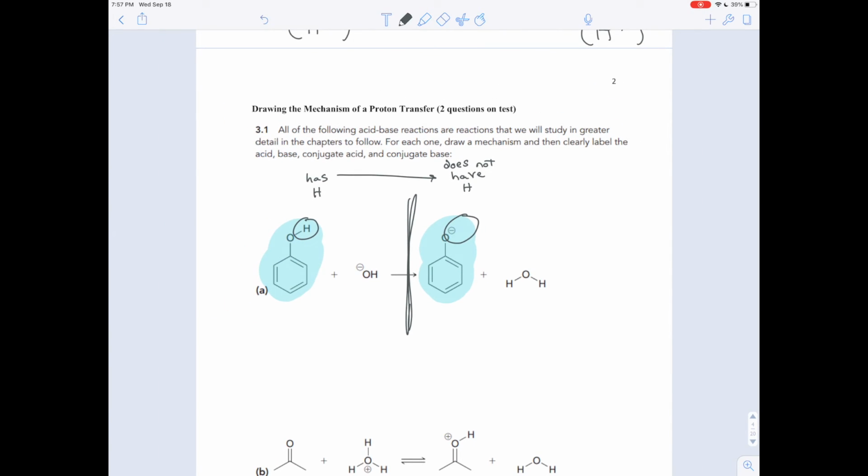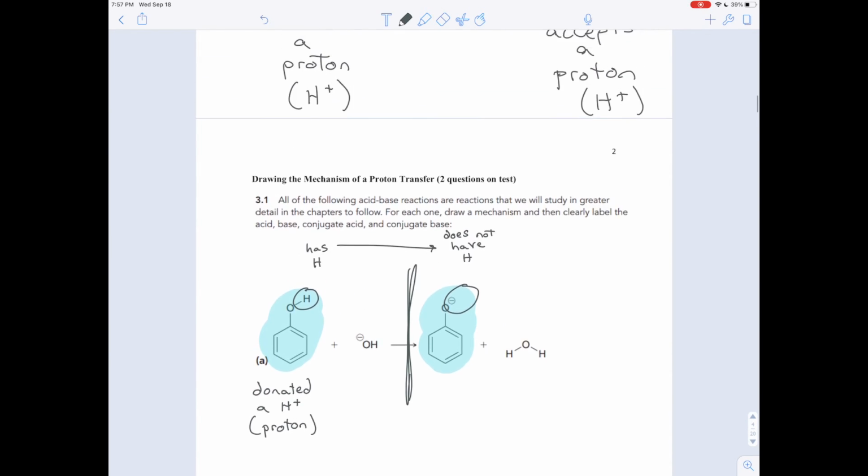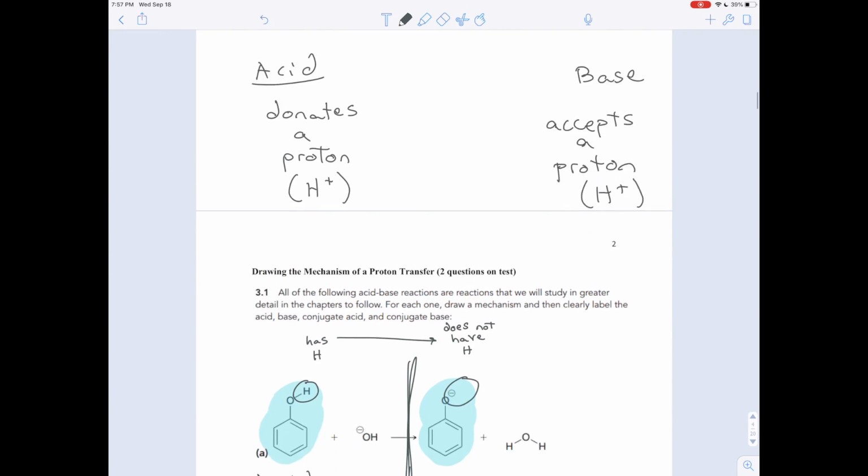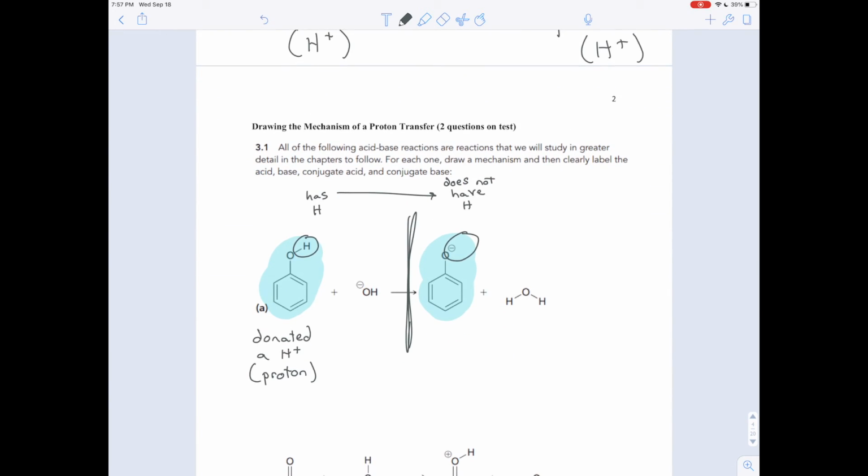In other words, this molecule on the left donated a hydrogen. And remember that H+ is just a proton. So you can see in the Bronsted-Lowry definition, if you donate a proton, that makes that molecule an acid. So that molecule on the left is an acid.